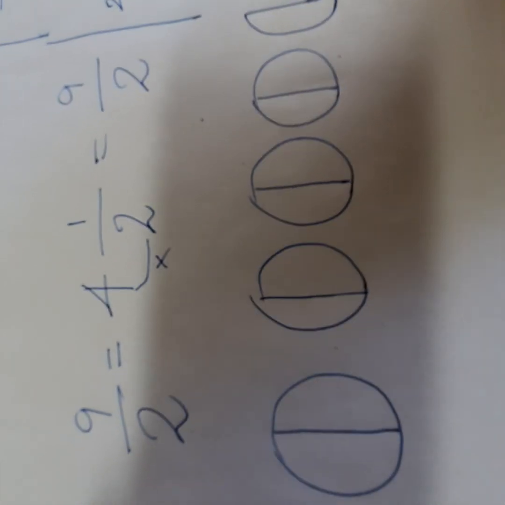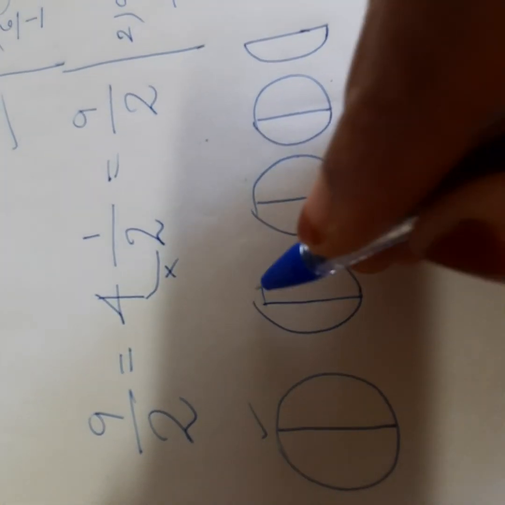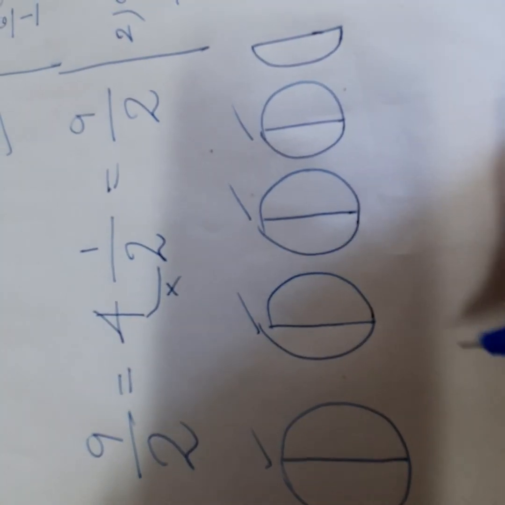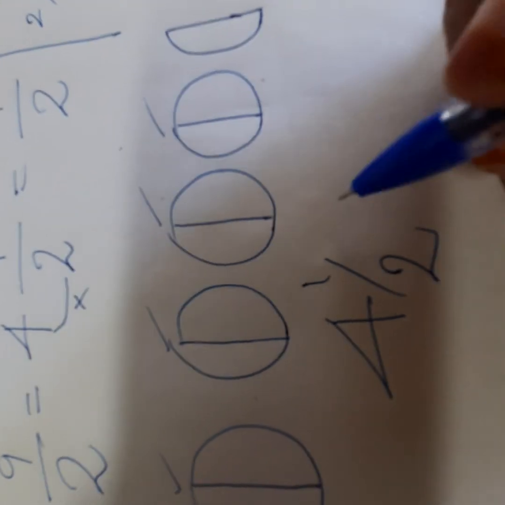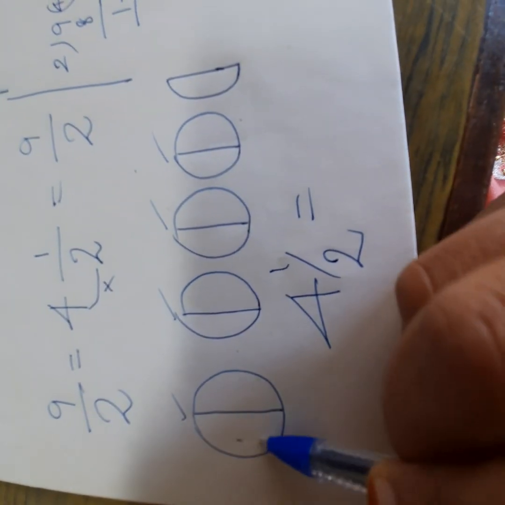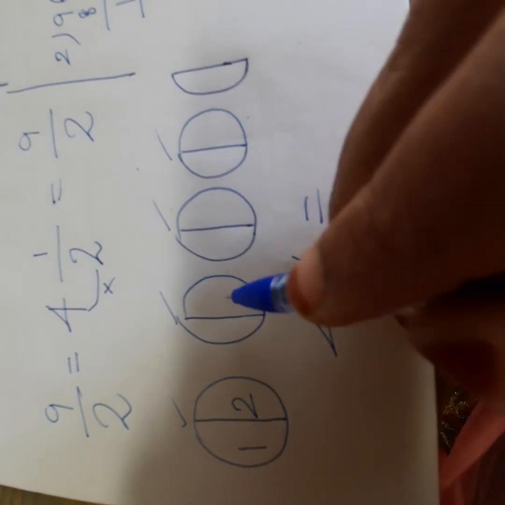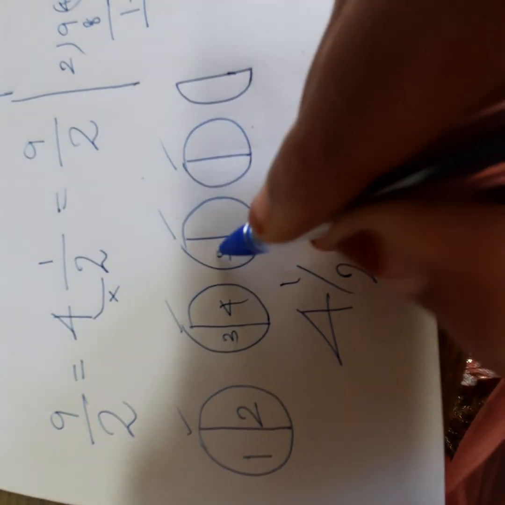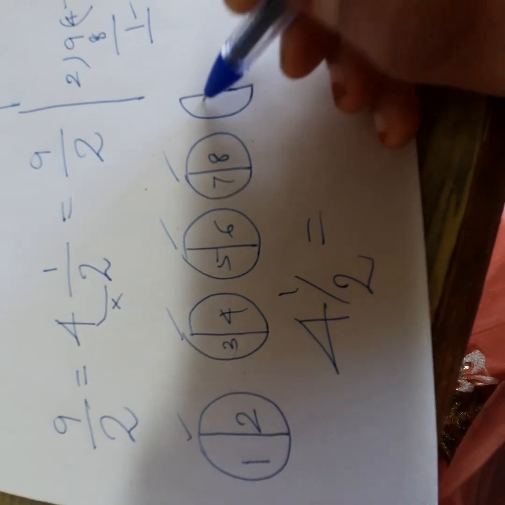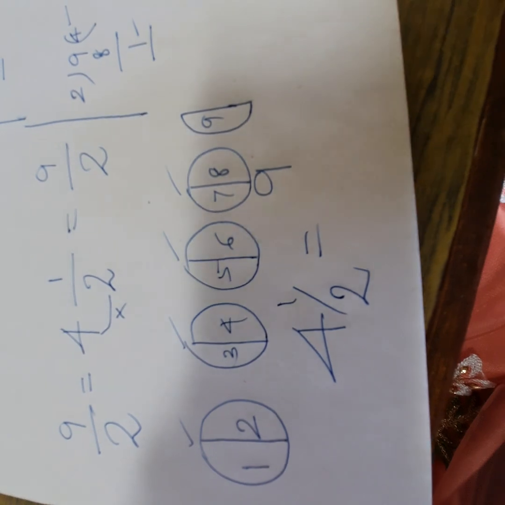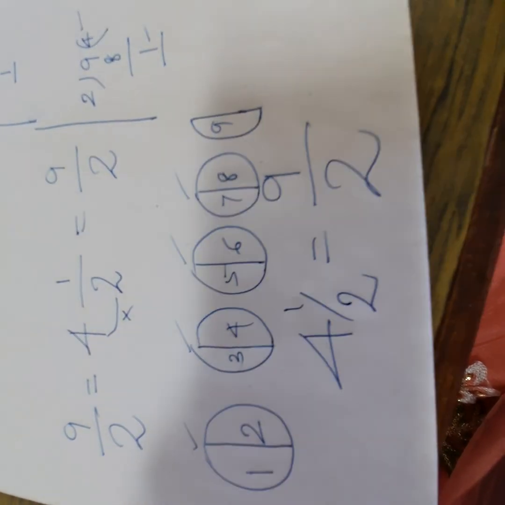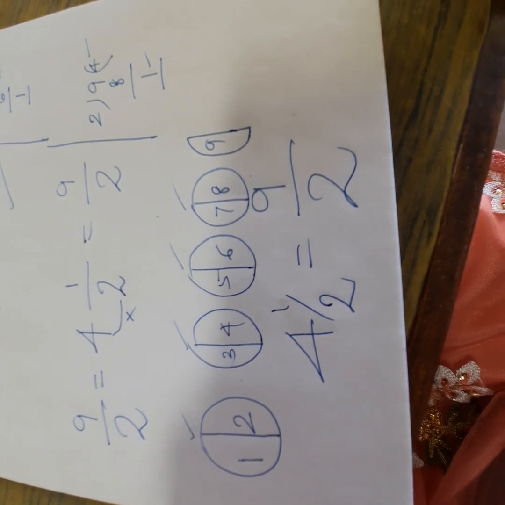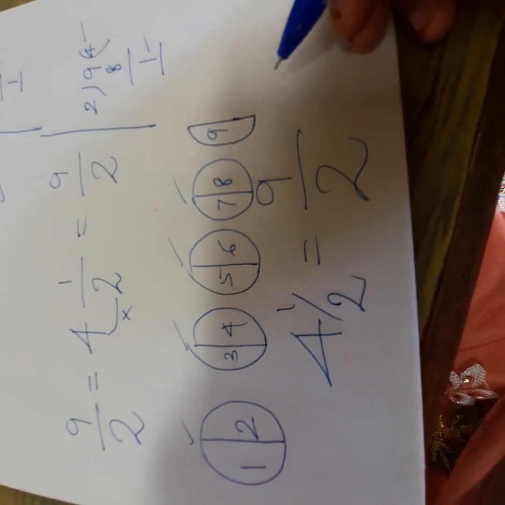So this is what I have got: 4 full chapatis and 1 half chapati. Or I can say I have got 9 pieces, and in each full there are 2 halves. 9 by 2. Both are the same. Yes, what we have done is correct.